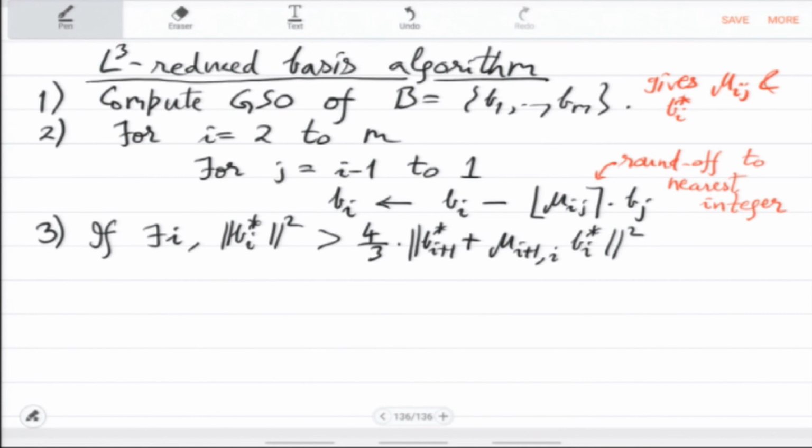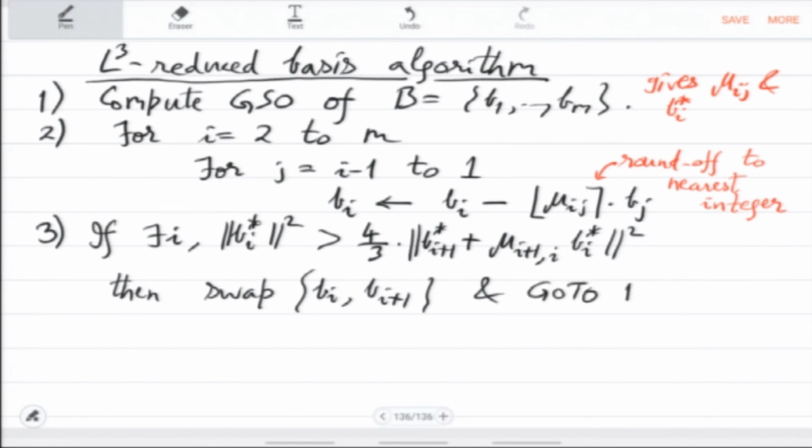The simple hack is you swap bi and bi plus 1. But remember that GSO is very sensitive to the order of B1 to Bm, in what order you are doing the computation. Now since you have swapped bi with bi plus 1, this will change the GSO calculation, so you have to go back to step 1.